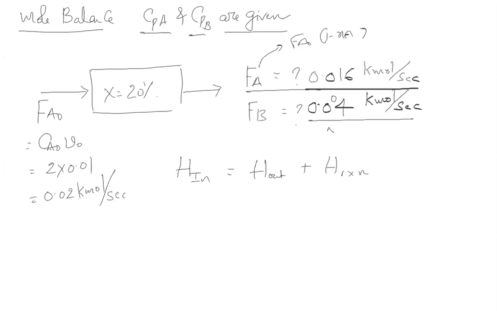Now, what is heat in? Heat in is 0.02 into Cp of A into T in, which is 500, minus T reference. What is heat out?